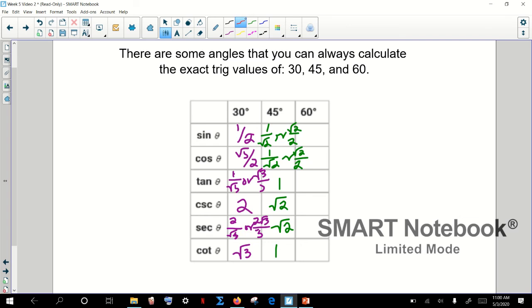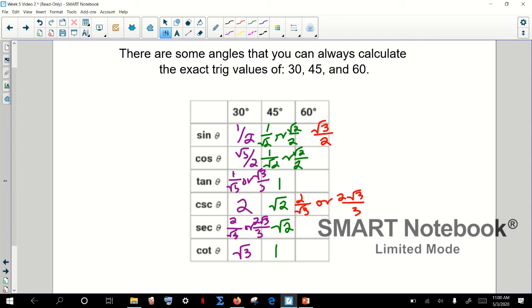All right, moving on, now we're going to be doing 60 degrees. The sine of 60 degrees is square root of 3 over 2, so that means the cosecant is either 2 over square root of 3, or you could see it as 2 square root of 3 over 3.